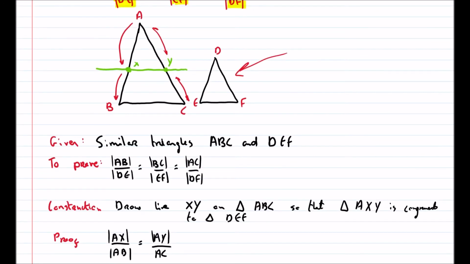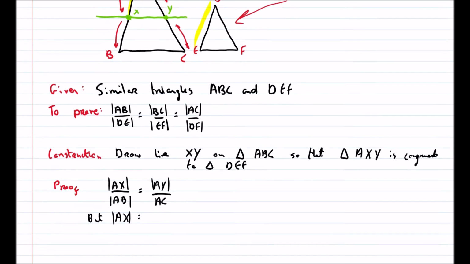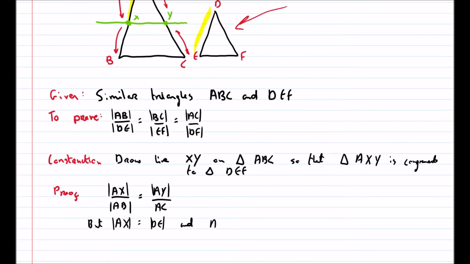But have a look at AX. That's here. That's the same size as this. We made sure it was the same because we drew it. So the distance from A to X is the same as the distance from D to E, and the distance from A to Y is the same as the distance from D to F.